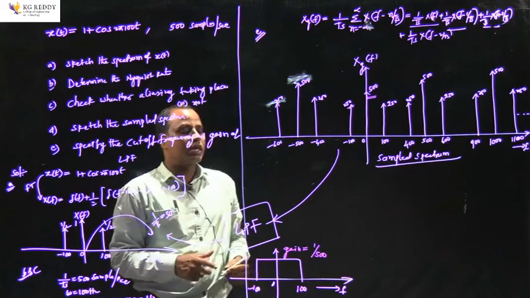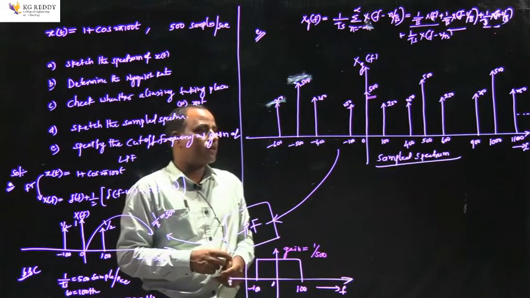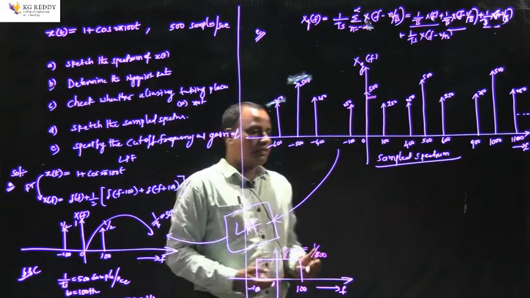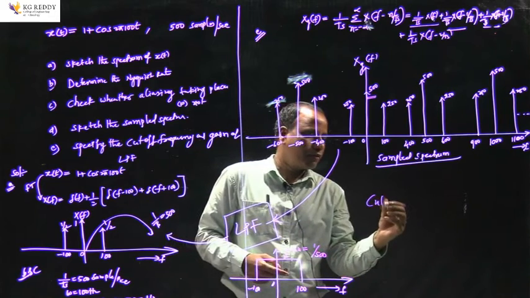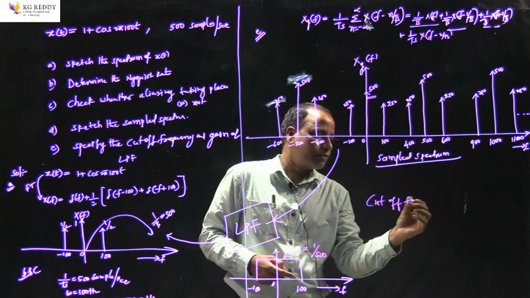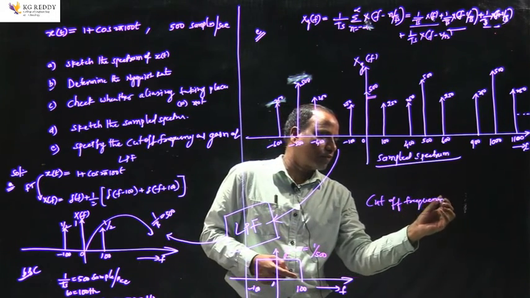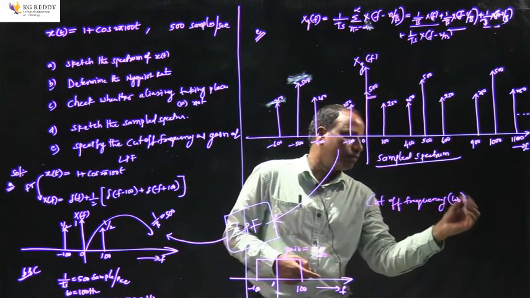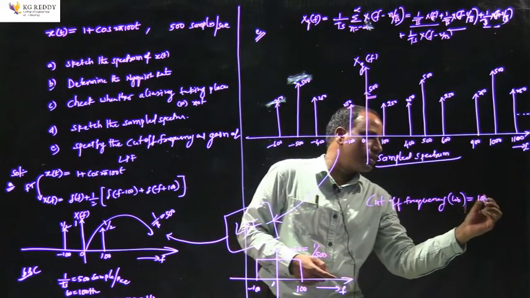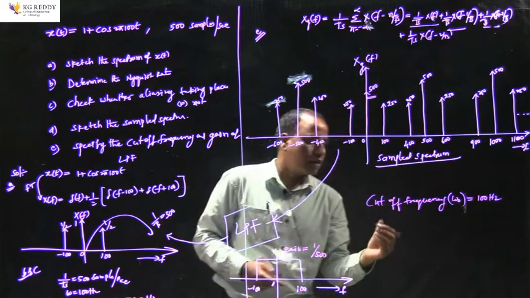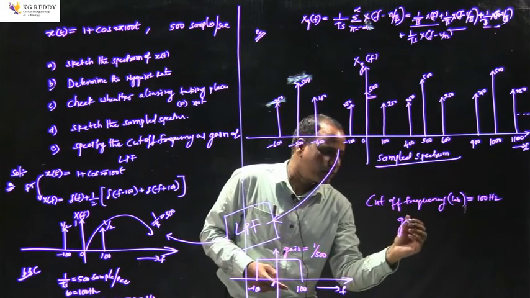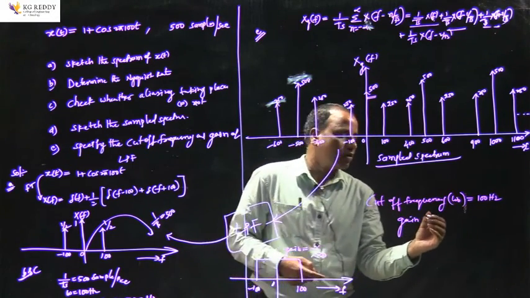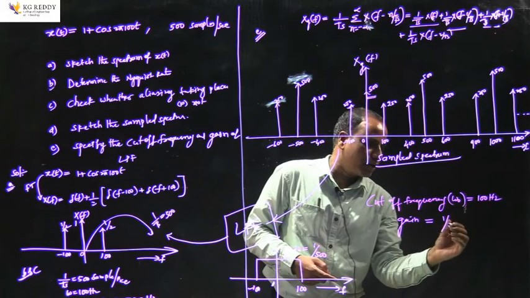So we need to design a low pass filter with a cutoff frequency omega naught, and the gain of the low pass filter should be designed as 1 by 500.